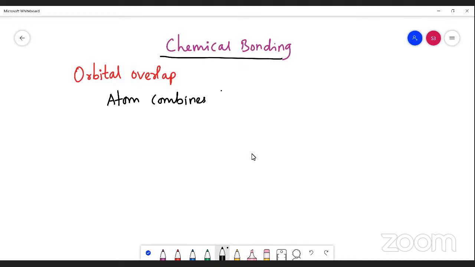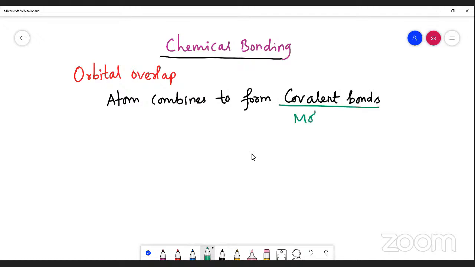it combines to form covalent bonds. Okay, to form a covalent bond, and this refers to the formation of a molecule.